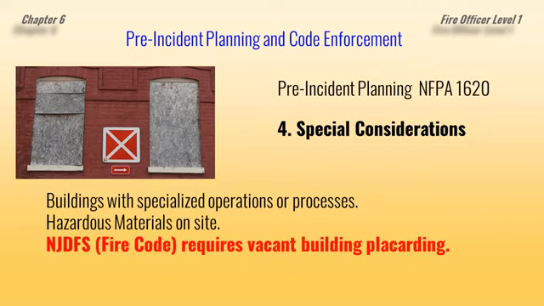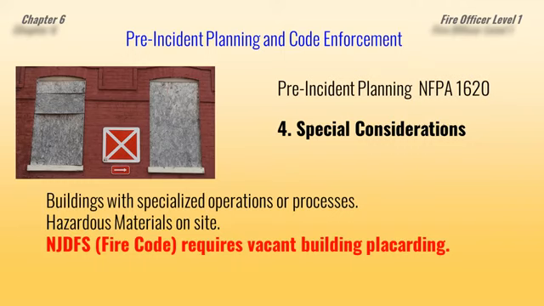Is it a factory building where they produce products and there's some hazardous materials involved, or some hazardous processes involved in the manufacture of the products? So again, something that you might want to pre-plan and have on a list of chemicals or a list of operations that are involved in the building, so you can better prepare your members if they respond there.